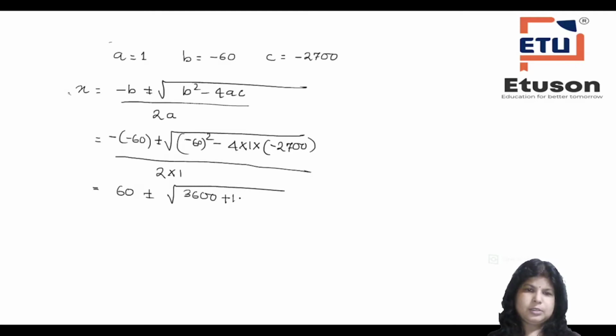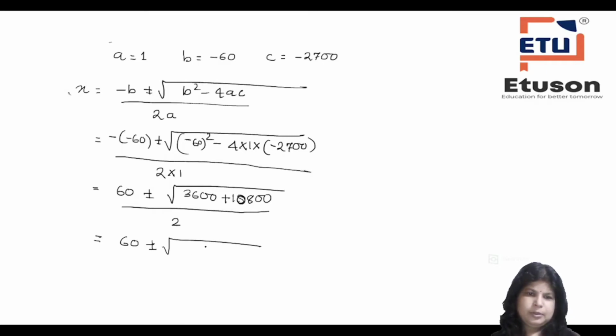It is 10800, so 14400 under the root, divided by 2.